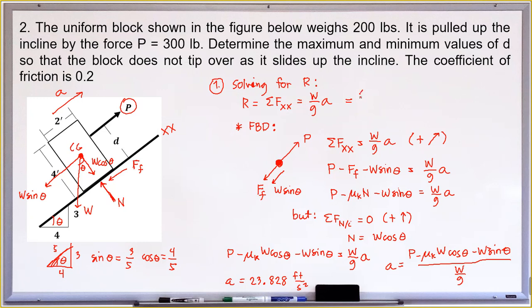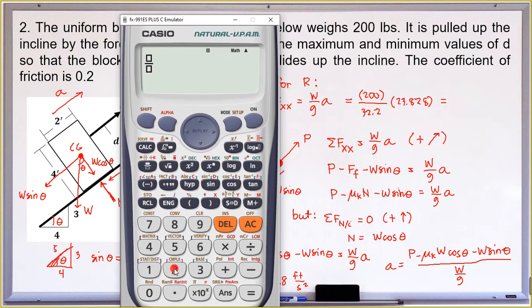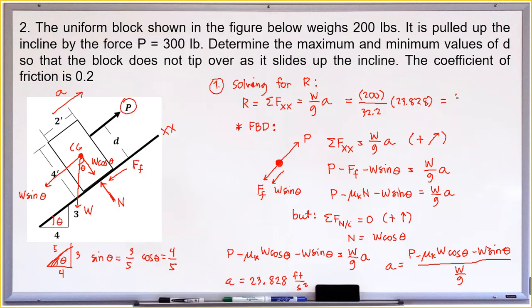So, the weight is 200 pounds divided by gravity 32.2 times acceleration 23.828, because that is the information we need. So we have the weight times our acceleration divided by 32.2. So the resultant is 148.